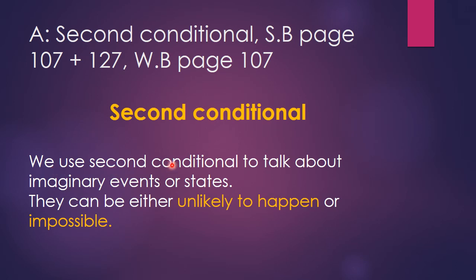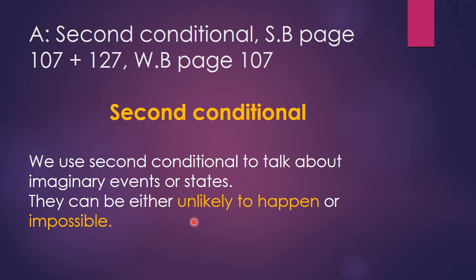We use second conditional to talk about imaginary events or states, and those imaginary events or states can be either unlikely to happen or impossible. So when do we use the second conditional? We use it to talk about events or states that are imaginary, and can be either unlikely to happen or impossible.